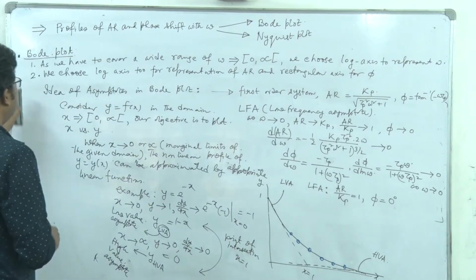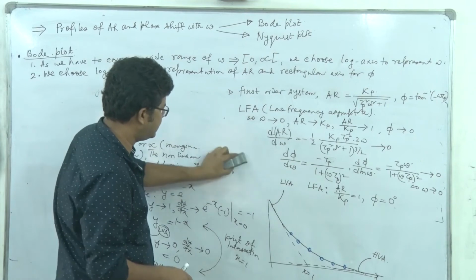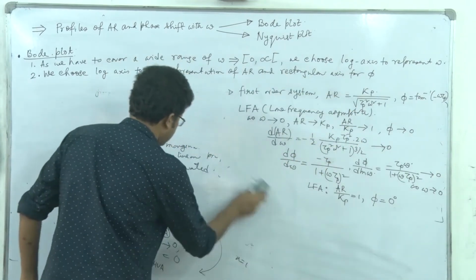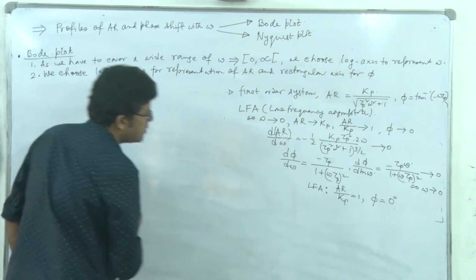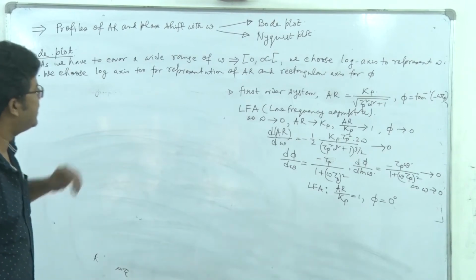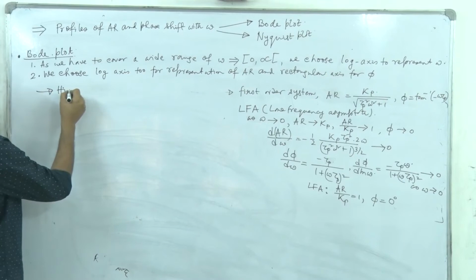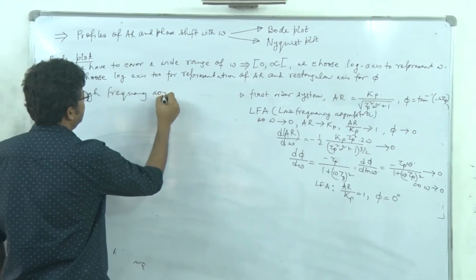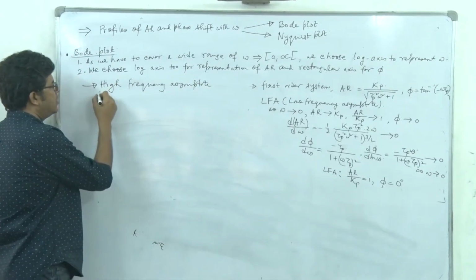Next, if we think of high frequency asymptote on the other side, let's say it is high frequency asymptote, HFA.